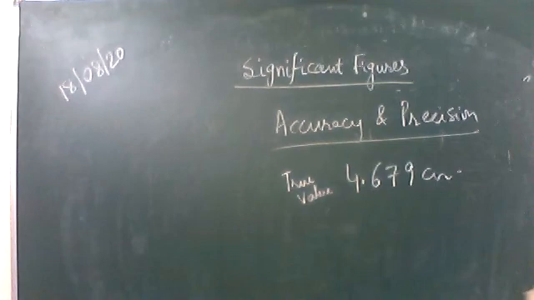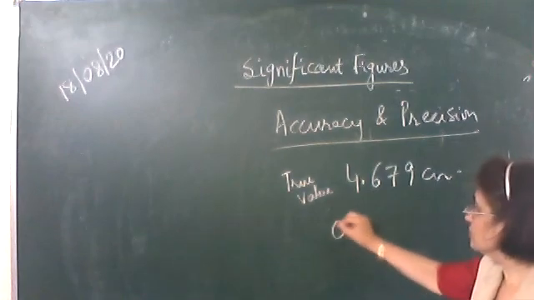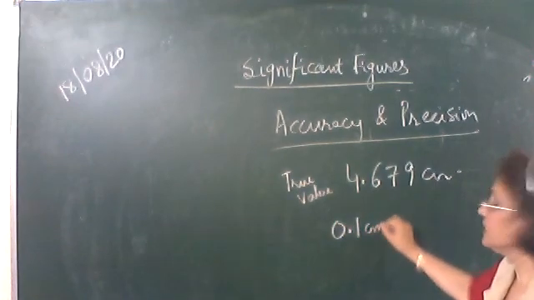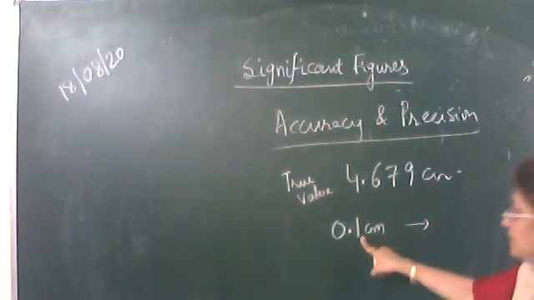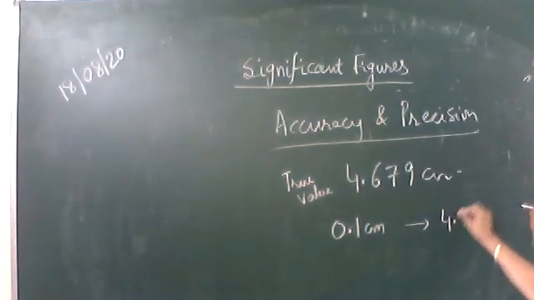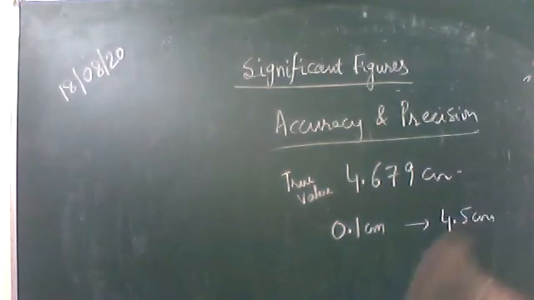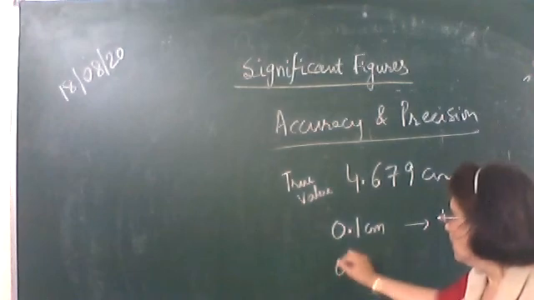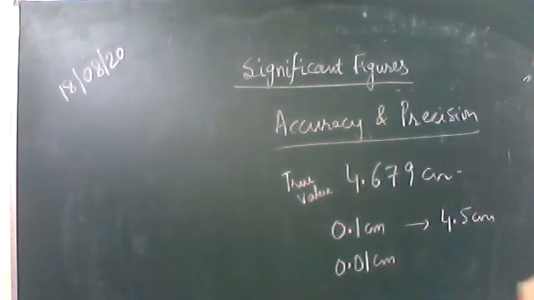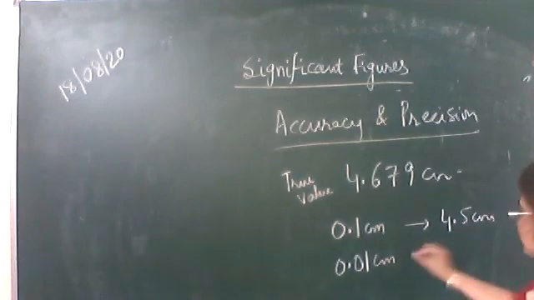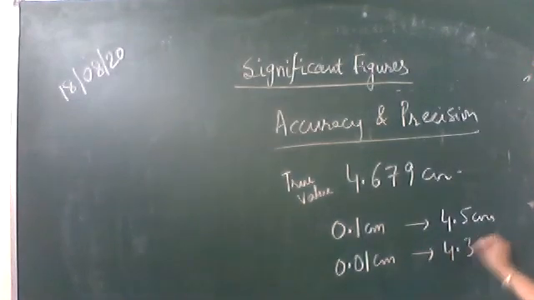The first instrument has a resolution, meaning least count, of 0.1 centimeter, and let the measured value come out to be 4.5 centimeters. And when it is measured by an instrument having a least count of 0.01 centimeter, let the measured value come out to be 4.38 centimeters.